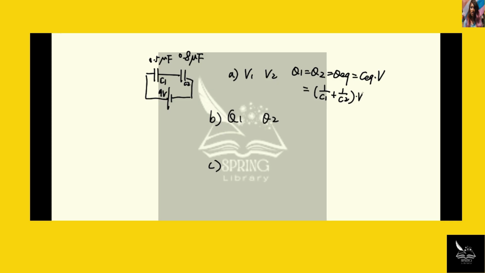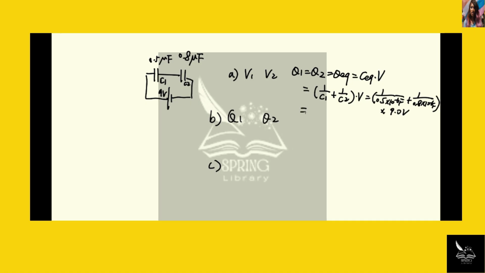So now we can find the values. This tells us Q equals 1 over (1 over 0.5 times 10 to the negative 6 farad plus 1 over 0.8 times 10 to the negative 6 farad), and again times the voltage, which is 9 volt.